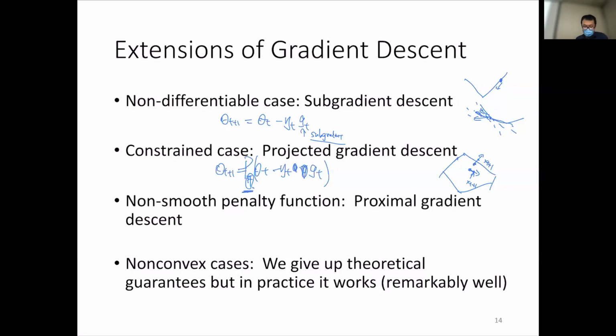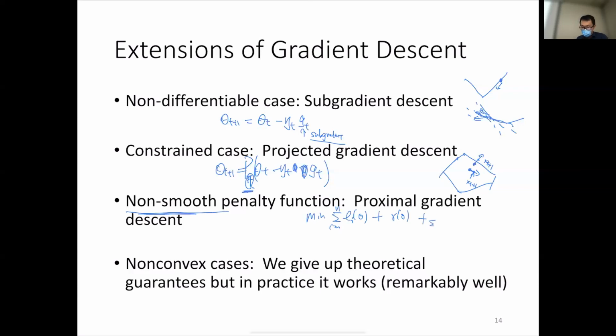In addition, there are extensions to cases with a non-smooth penalty function. What do we mean by a penalty function? This is the additional regularization term. Recall that in the full version of the private empirical risk minimization problem, we are considering this problem plus this additional regularization, this R. This R might not be differentiable, even if this L is differentiable, right?